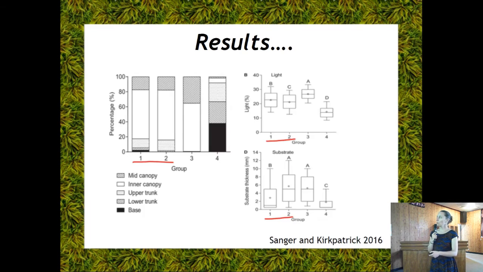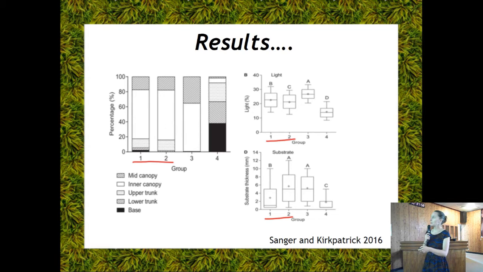So what we can see here is that a lot of these groups had characteristics, light and substrate thickness, that were characteristic of where they grew. Group 4, which grew on the base zones, more on the base of the tree, tended to have lower light levels and lower substrate thickness.